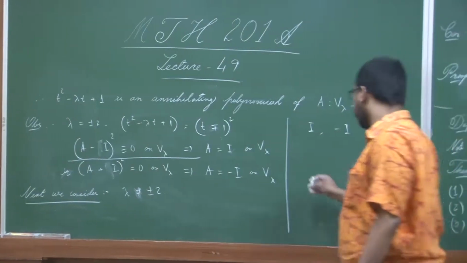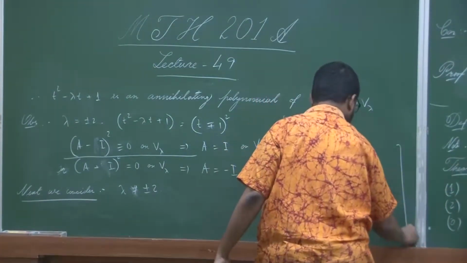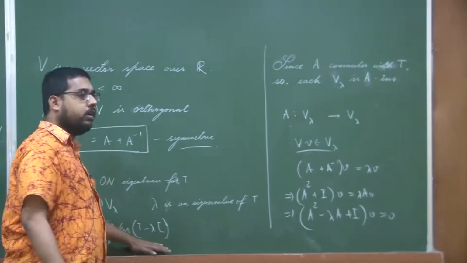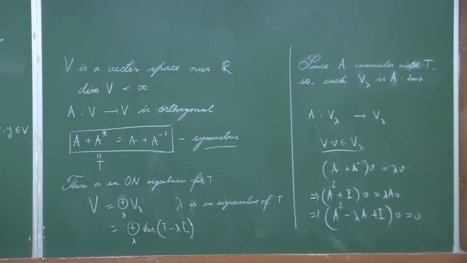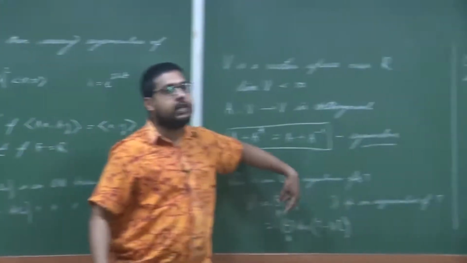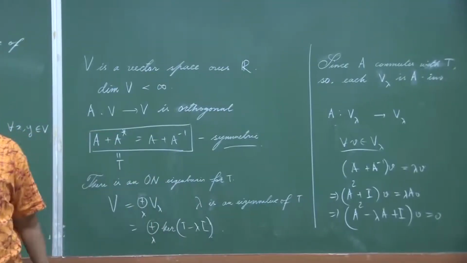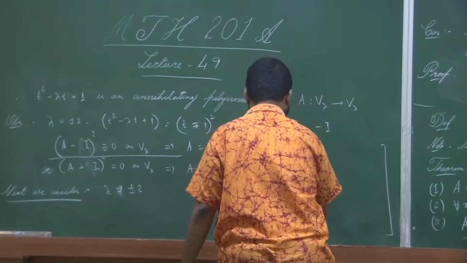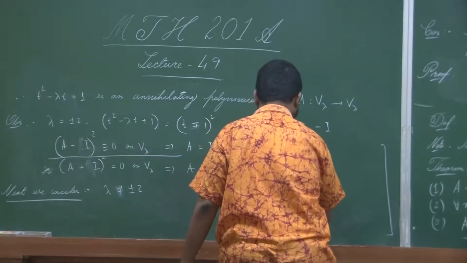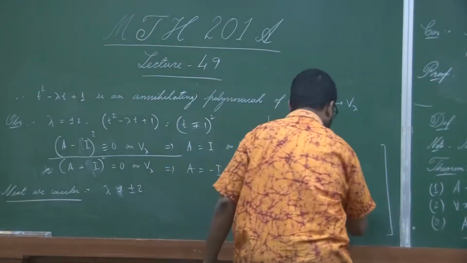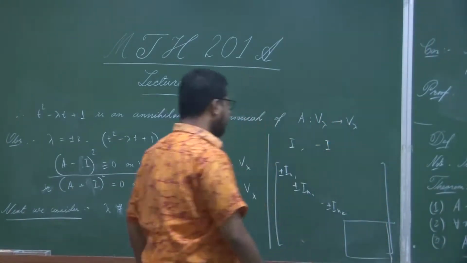So, try to understand, in the matrix of A which we want to write using this decomposition, if we first arrange the V lambdas in such a way that those for lambda equal to plus or minus 1 appear first, then the first few blocks will be of this form, either plus or minus identity, with different sizes perhaps. Then we have to take care of the rest, which we will do now.